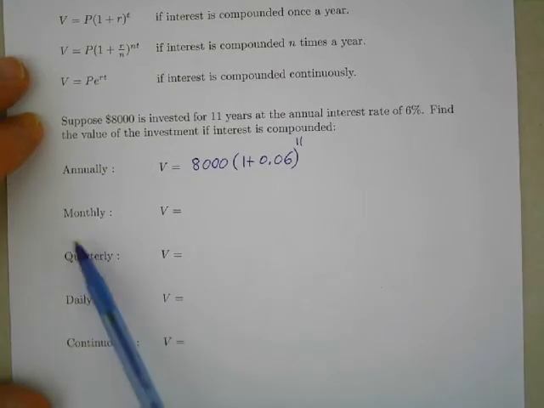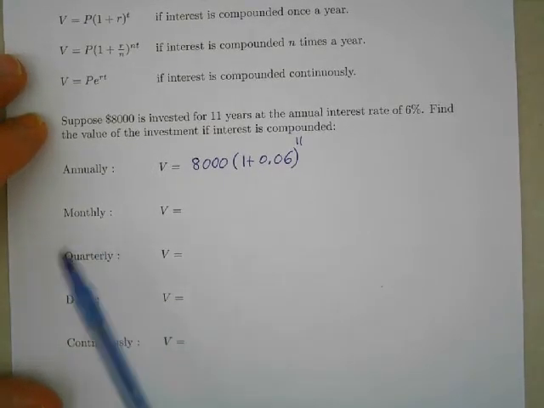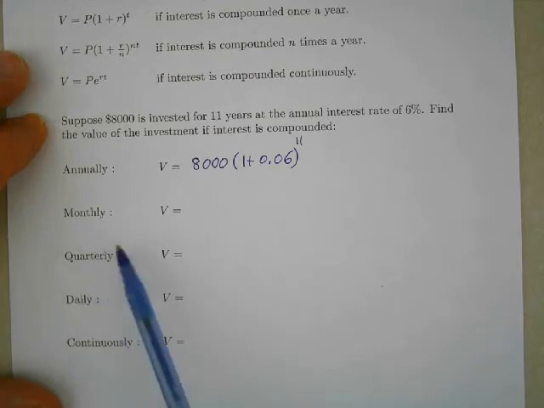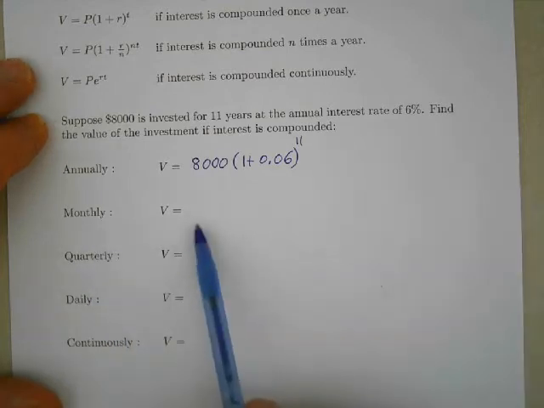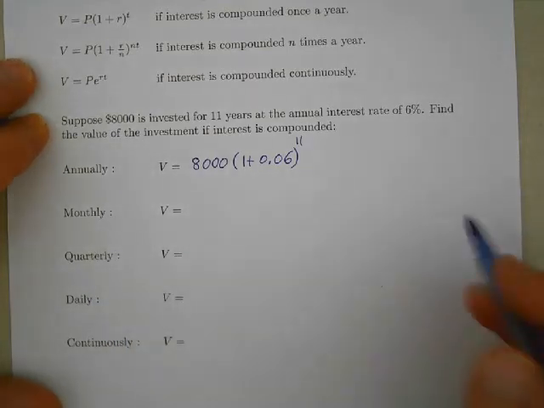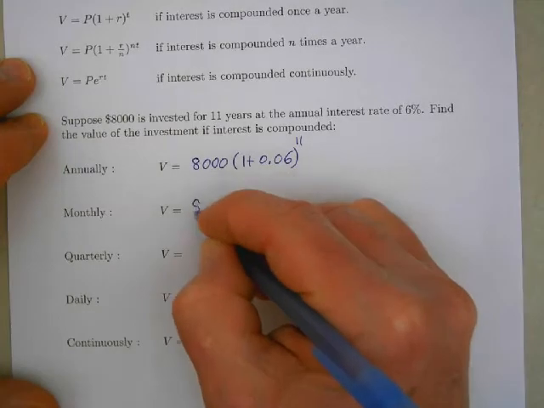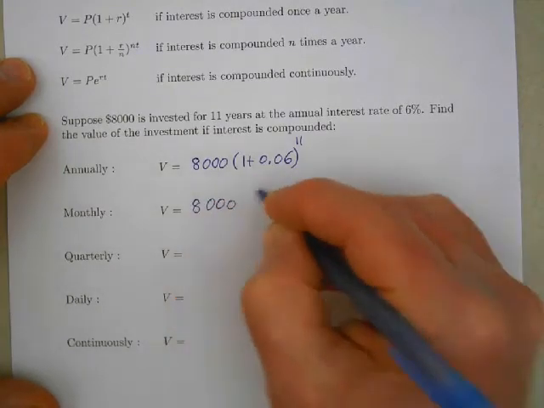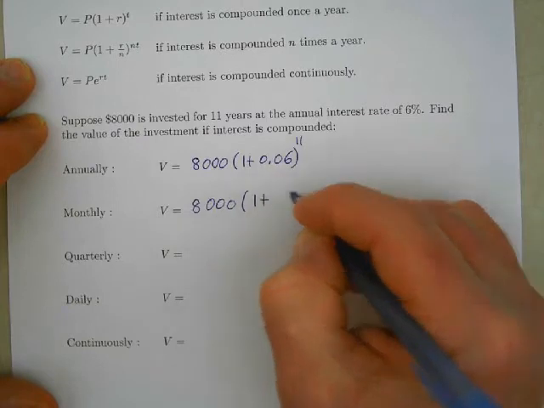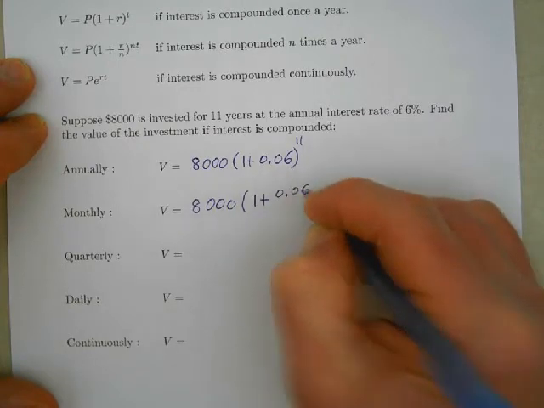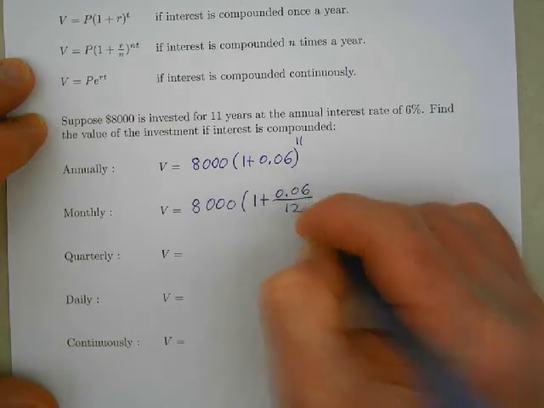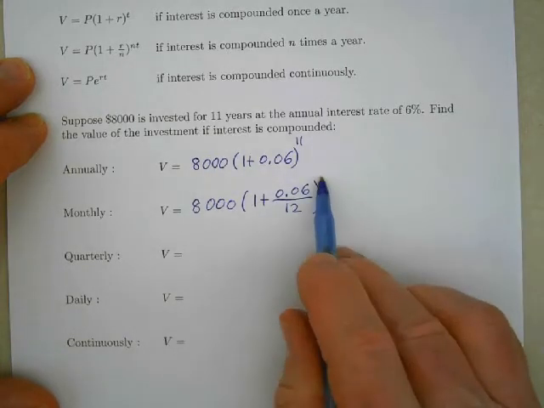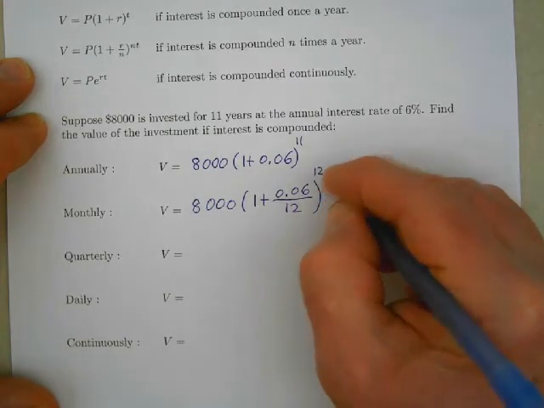If interest is compounded monthly, that means 12 times a year, so the value of n is 12. After 11 years, the value of the investment is 8,000 times 1 plus 0.06 divided by 12, and the exponent is 12 times 11.